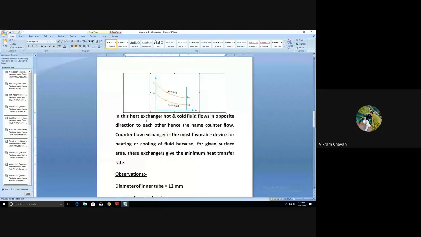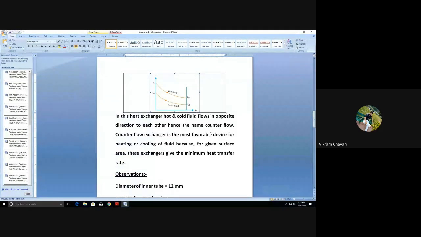Okay, so in this heat exchanger hot and cold fluids flow in opposite direction to each other, hence the name counter flow. Counter flow heat exchanger is the most favorable for heating or cooling of a fluid because for a given surface area this exchanger gives the maximum heat transfer rate.